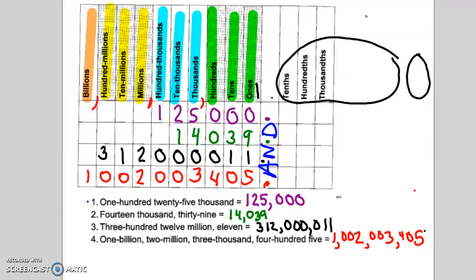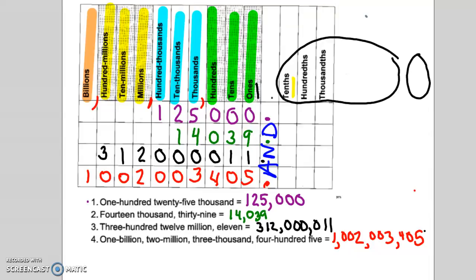Let's play around a smidge with some tenths, hundredths, and thousandths. If you're thinking about money, let's stop and think about how a dime compares to a dollar. It takes 10 dimes to make a dollar, so that means a dime is 1/10 of a dollar. 1/10 of a dollar is a dime.